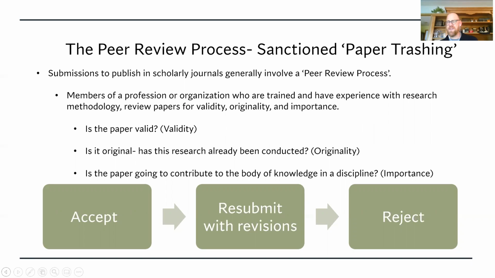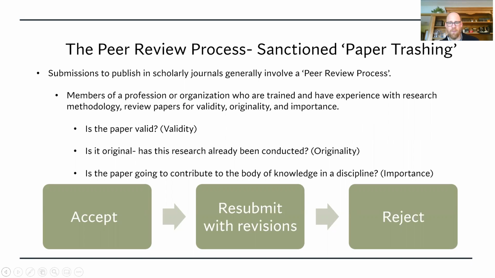When I submitted a paper as an author, one of my first ones actually, the peer reviewers ultimately suggested that I resubmit with revisions, because there were certain parts they felt were too lengthy, or that potentially needed more context. So I had to go back and make revisions, and then I resubmitted and it got accepted.